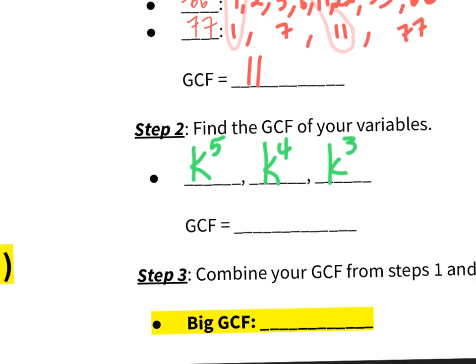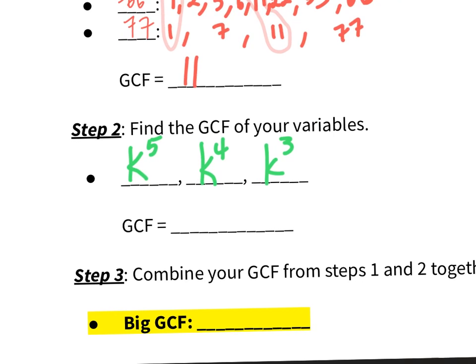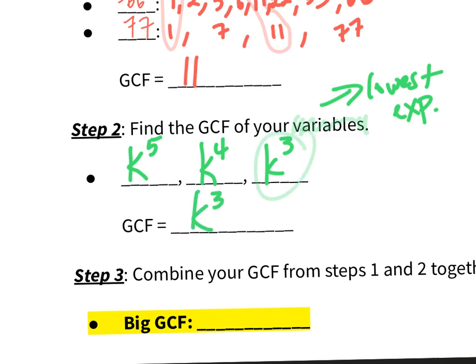Whenever I'm finding the GCF of my variables, as long as they're all the same letter, I pick the lowest exponent. So the lowest exponent is k to the 3rd power, so my GCF is k to the 3rd power.